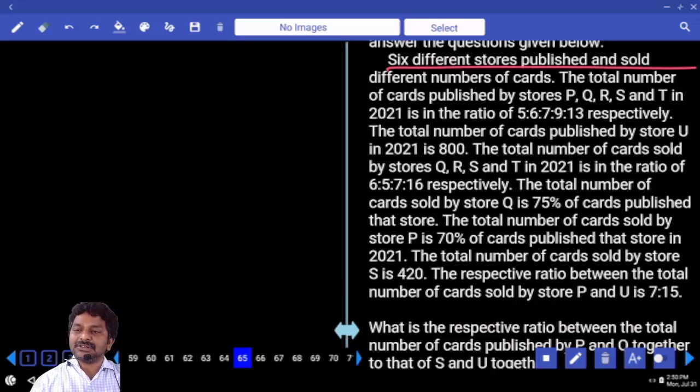6 different stores published and sold different numbers of cards. Now the total number of cards published by stores PQRST in 2021.